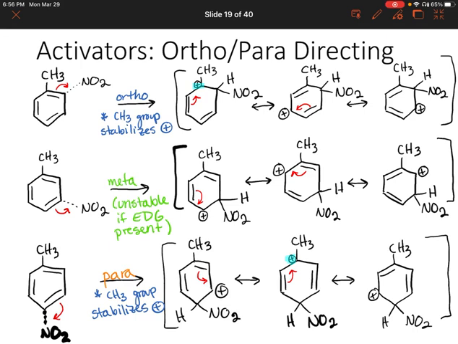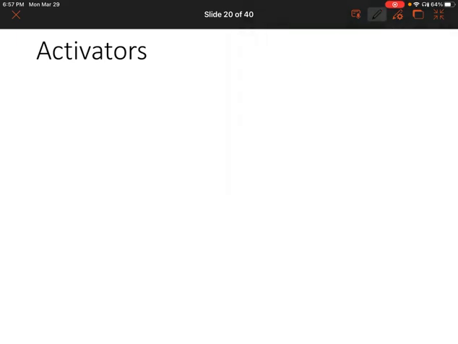Okay, so let's talk about different types of activating groups or electron donating groups. Now, there are three categories for electron donating groups. We can have strong activators, moderate activators, and weak activators. So let's start with the strong activators. And again, these can also be called electron donating groups.